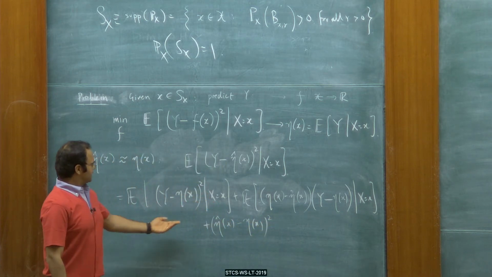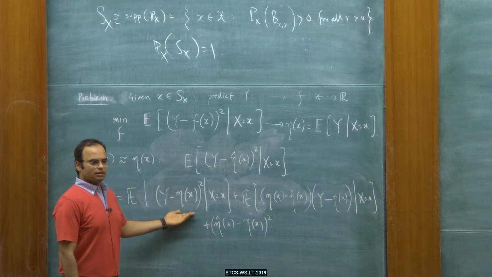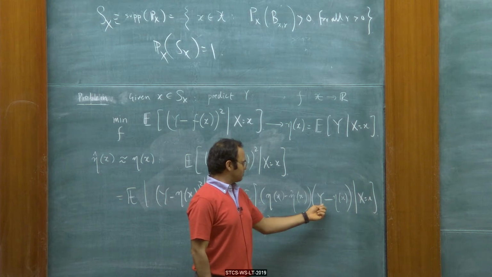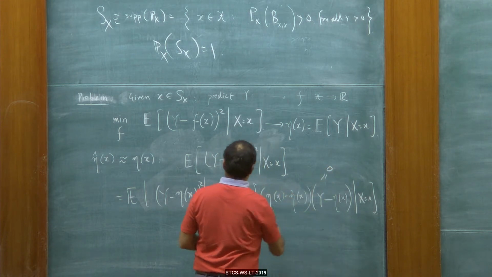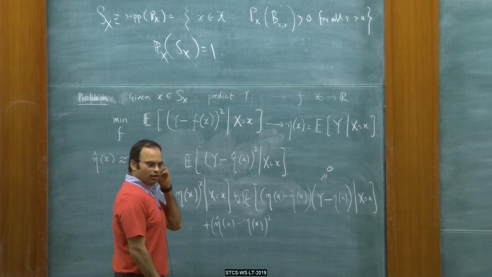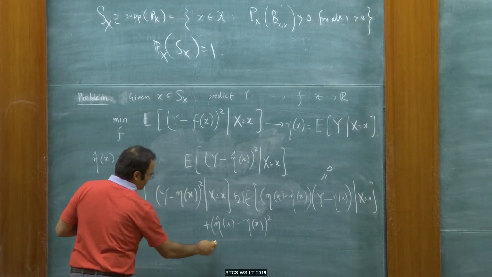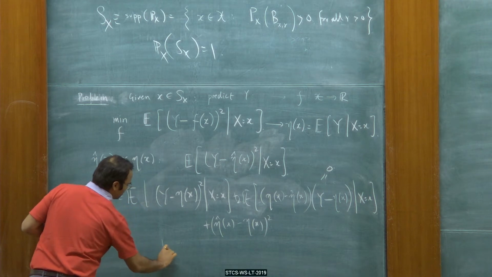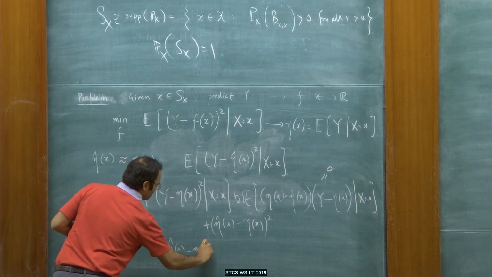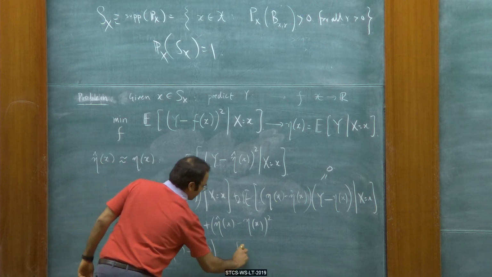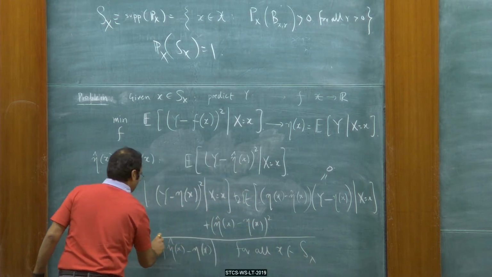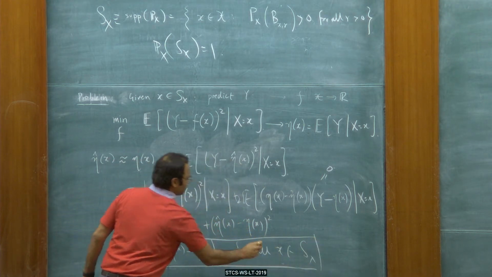Now the first term is in a sense the minimal error possible. The cross term is 0, given that eta of x is the conditional expectation. So it's the squared difference that matters. What we really want to do is minimize eta hat of x minus eta of x, and ideally for all x in the support of x.